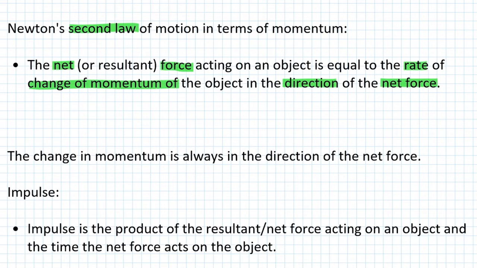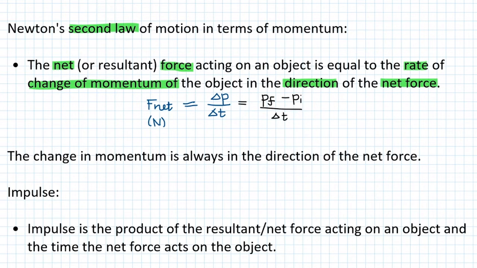In symbol form, we have the net force, which is F net, measured in newtons, is equal to change in momentum divided by change in time. Change in momentum is still measured in kilograms meter per second, and we can expand it so that it is equal to final momentum minus initial momentum.